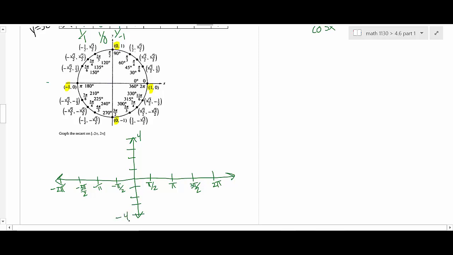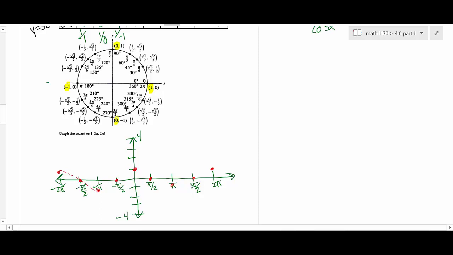If you were going to construct a graph of the secant, you would go like this. The first thing you do is graph the cosine. Just remember the cosine starts at 0, 1, and then it cycles through these points. Get this memorized so you can quickly draw out a cosine graph anytime you need to. Then I'll dash that in.